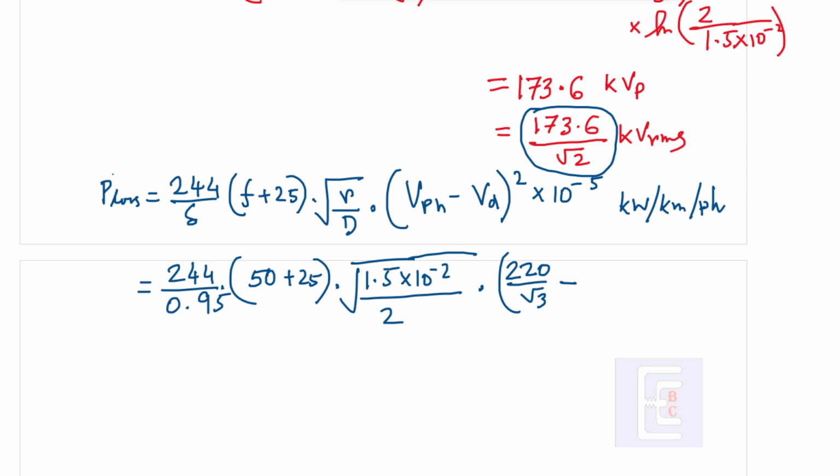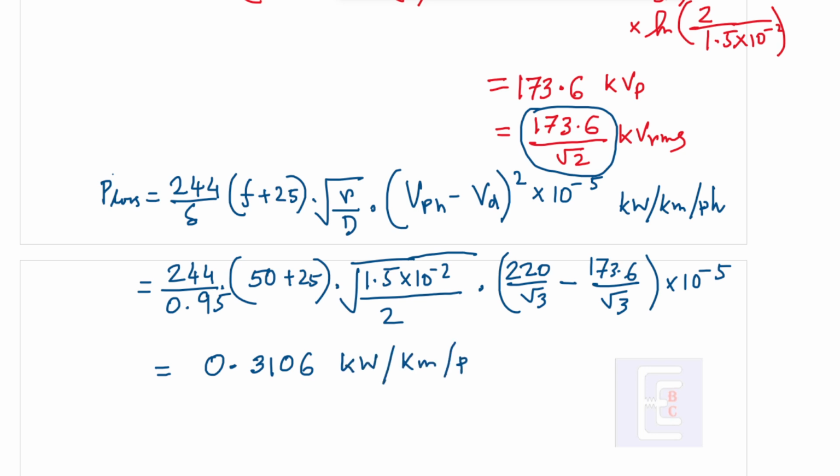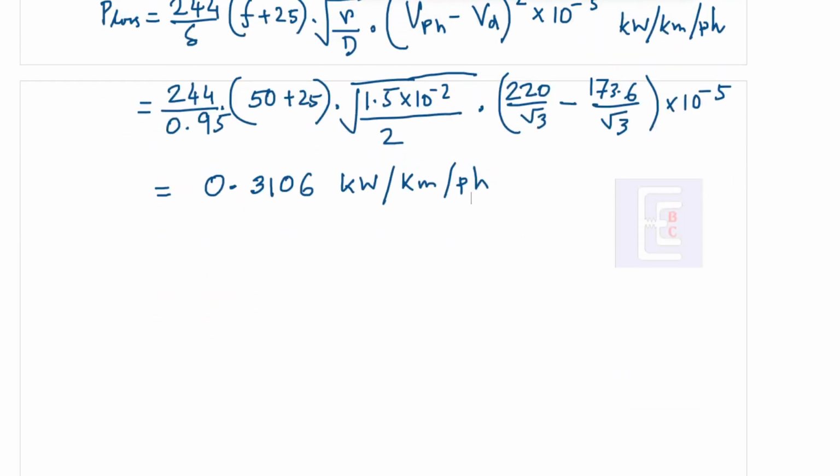173.6 by root 3, that multiplied with 10 to the power minus 5. Now if you solve this, you will see it will be coming as 0.3106 kilowatt per kilometer per phase. So therefore we have total power loss.